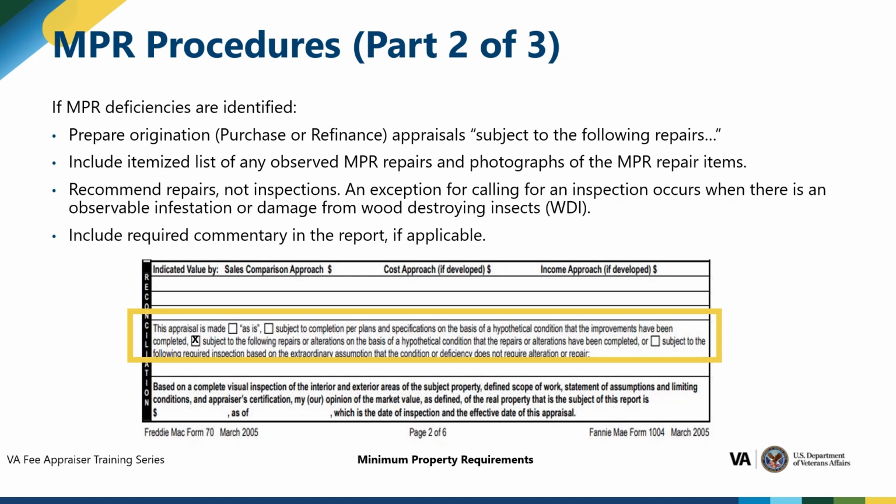The appraiser must not prepare appraisals subject to inspections. The appraiser must recommend repairs, not inspections, for any conditions that do not appear to meet MPRs. An exception for a wood-destroying insect, WDI, inspection exists if infestation or damage is observed. The appraiser will include required commentary in the report if applicable.